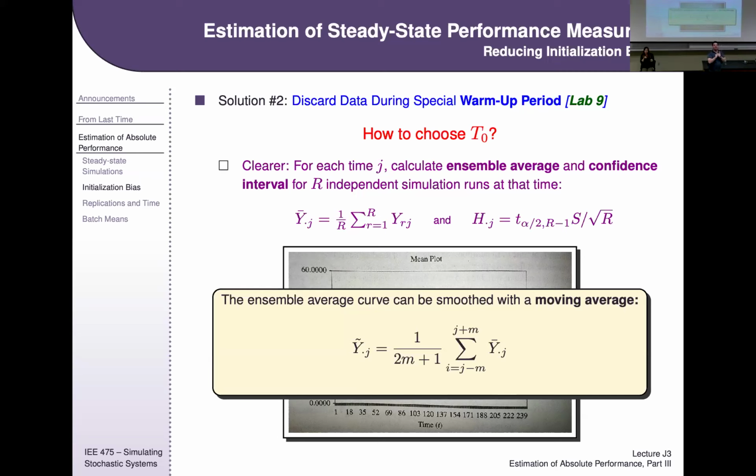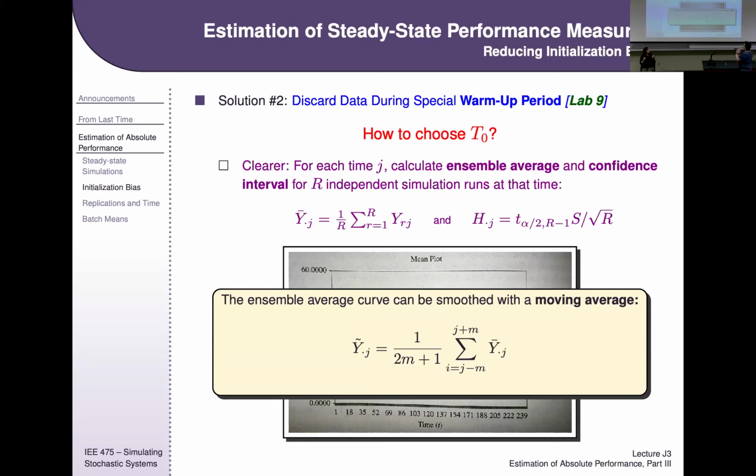So you could say that based on my educated opinion, at around time 100 is where every replication seems to start looking like it's reached its steady state. I'm now going to maybe multiply that by 2. So I'm going to have some safety factor that I add into that. And then I'm going to discard that amount of data. And I feel pretty confident that that is going to work out. So that's the idea here.